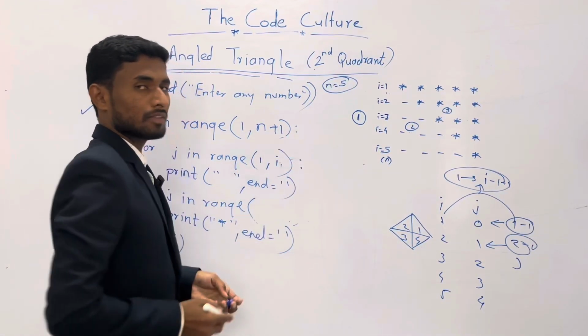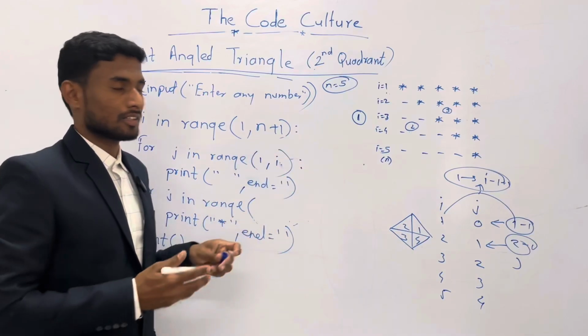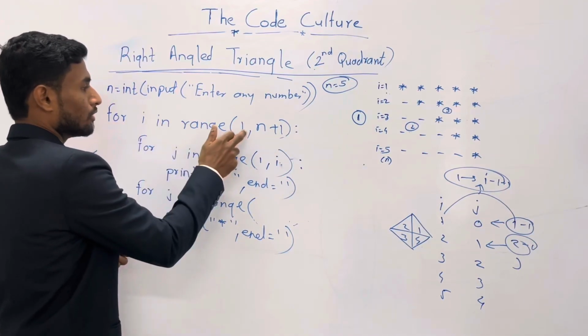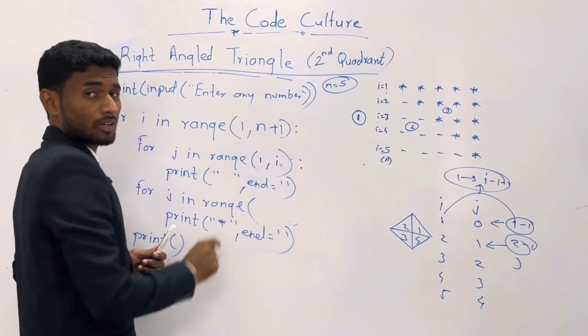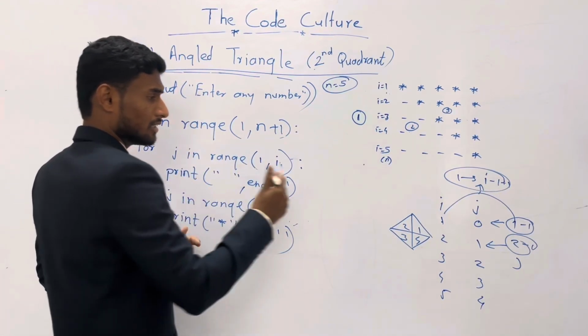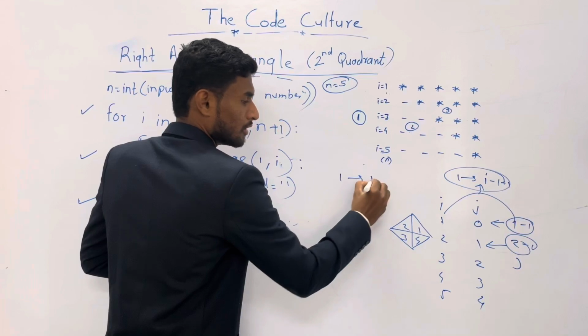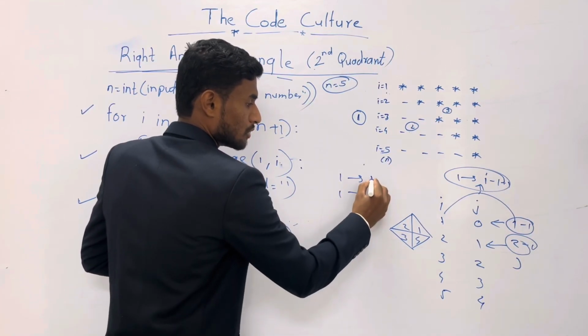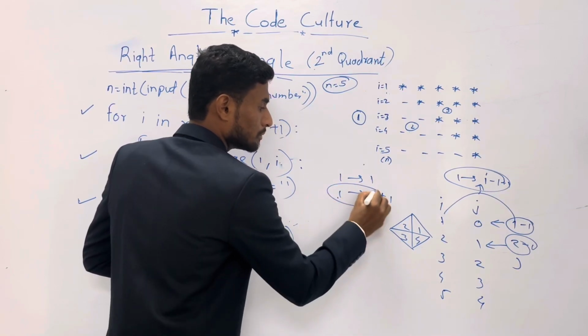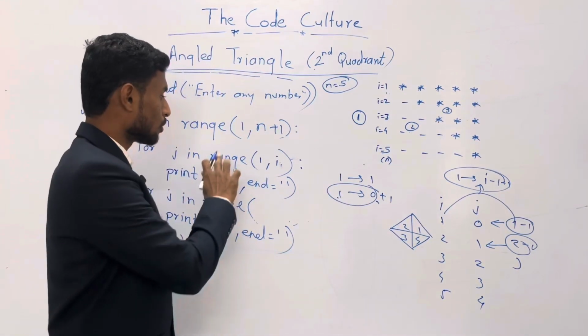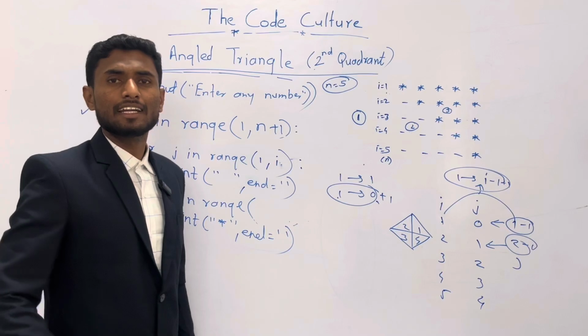So 1 to i, how will it run? First the i value is 1, so I start with 1 and this is also 1. Can I go in the range function 1 to 1? No, because 1 to 1 means 1 to 0 plus 1, so I am going from 1 to 0. Is it possible? No. So this for loop will not repeat at any time.